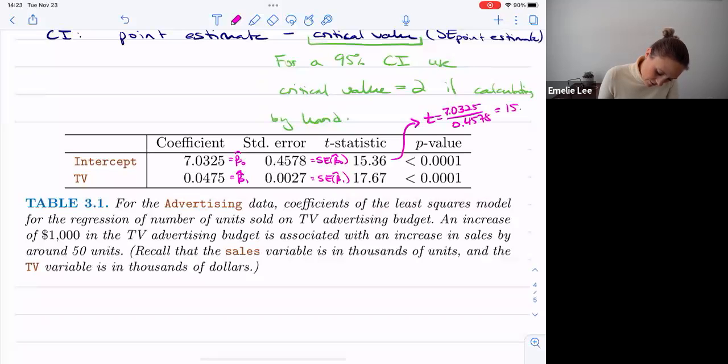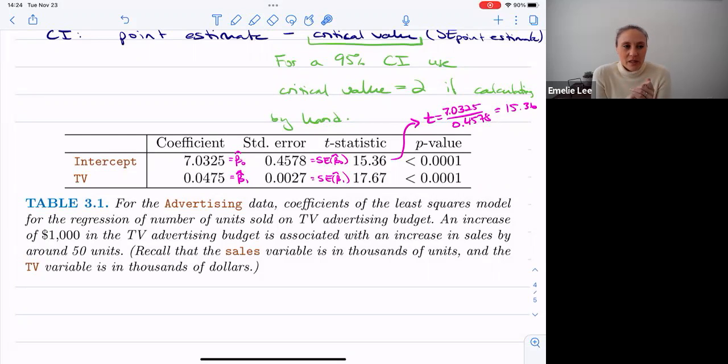So that's where that 15.36 comes from. If you have a T of 15 or so, it doesn't matter how small your sample size is, it's going to be significant, because that's a really large T-score. And here it's confirmed: the p-value is less than 0.0001, so really, really small.